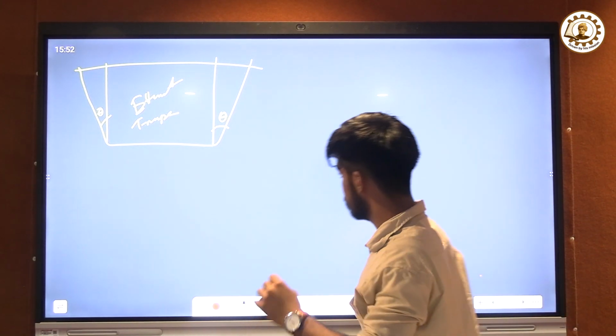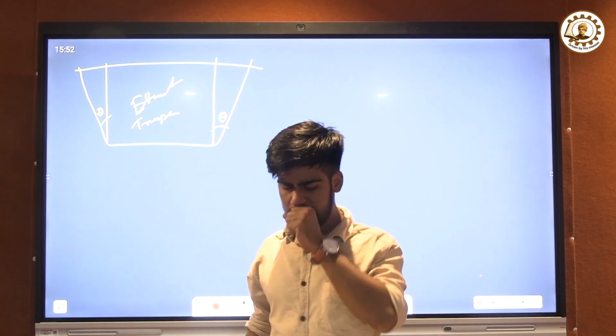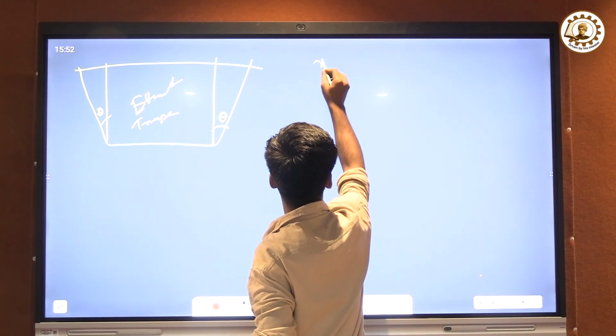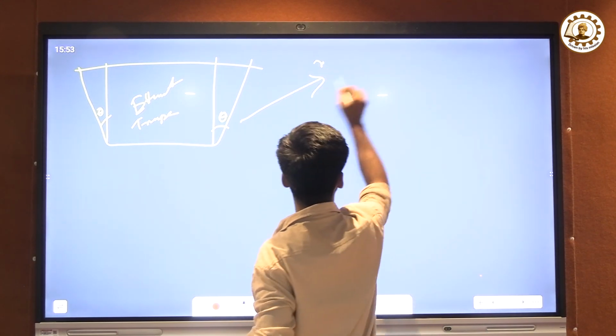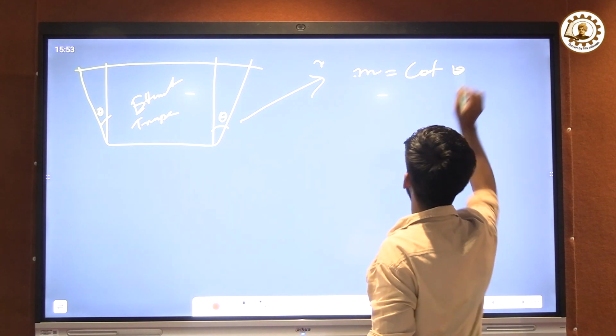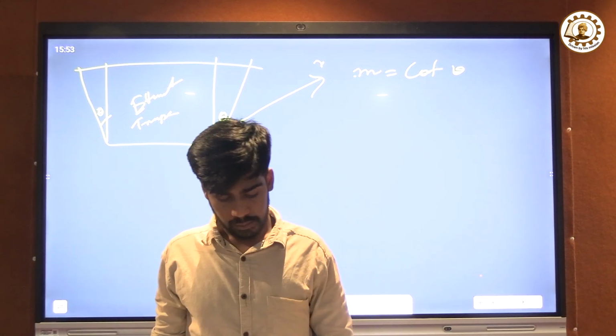Now for an efficient trapezoidal channel, the value of the side slope will vary. The side slope, this m or cot theta, will vary. Okay, so how will it vary?